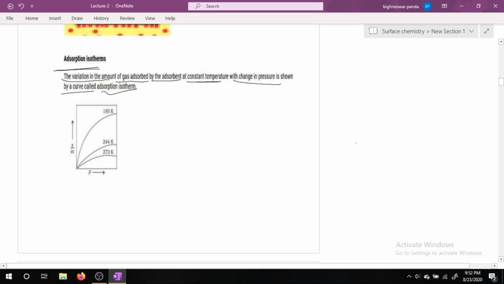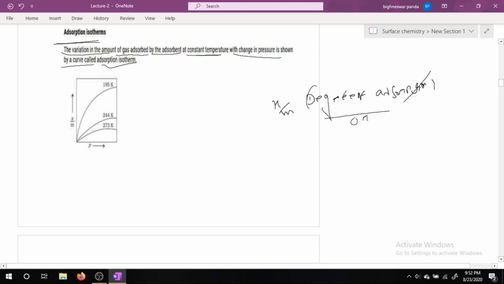The amount of gas adsorbed, that is x by m, can be called degree of adsorption, extent of adsorption or amount of gas adsorbed.